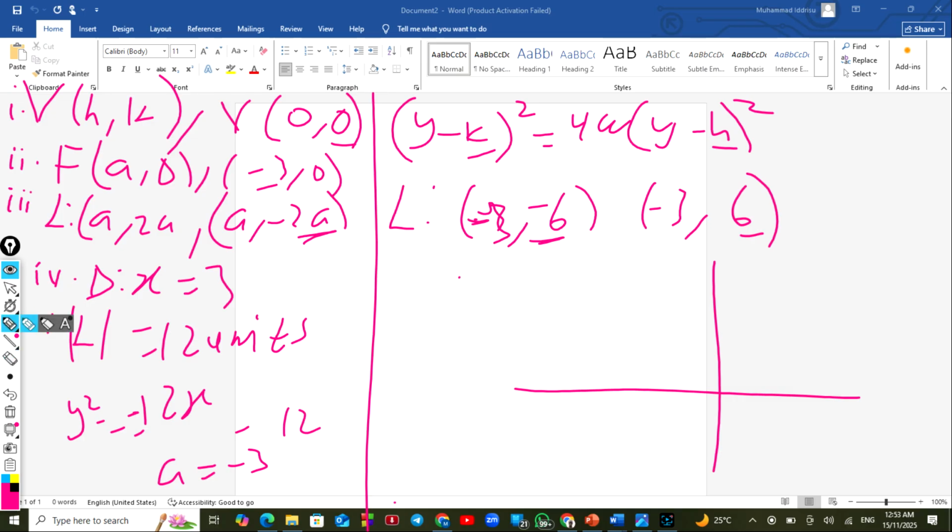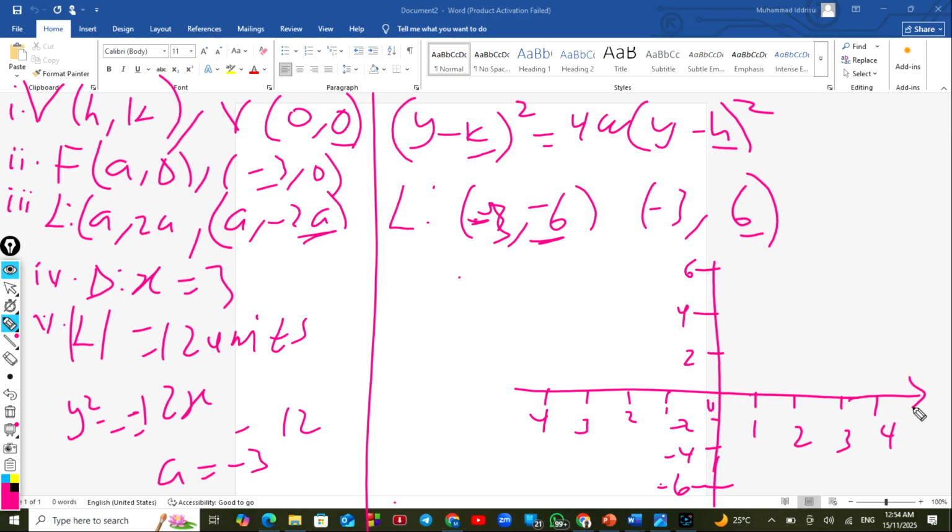So let's have this, let's say 2. Now I just use my 1, 2, 3, but then I have 2, 4, 6, and negative 2, 4, negative 6.